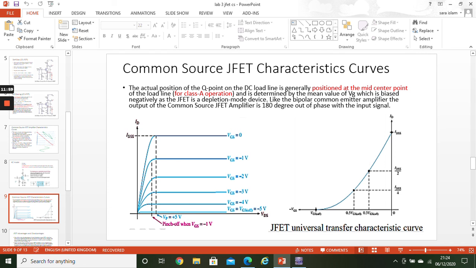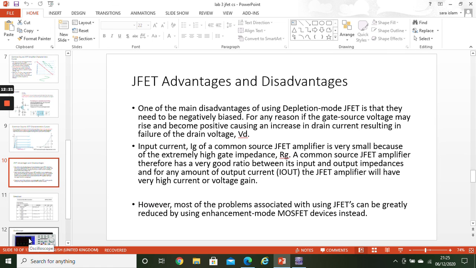I said to you that in depletion mode at VGS equal to 0 there is a maximum flow of current and your transistor is in the normally on state. You know that from your previous labs. And when you go on decreasing your VGS voltage, your current starts to decrease. Now, disadvantages of JFET. One disadvantage is that it needs a negative voltage, and any minor fluctuations of voltage will make the amplification factor fail.